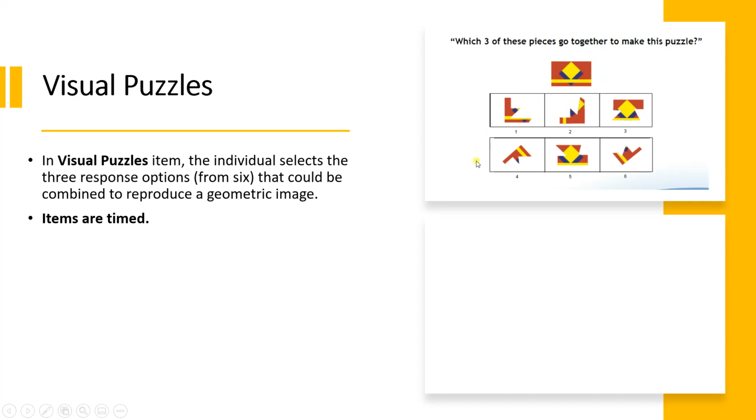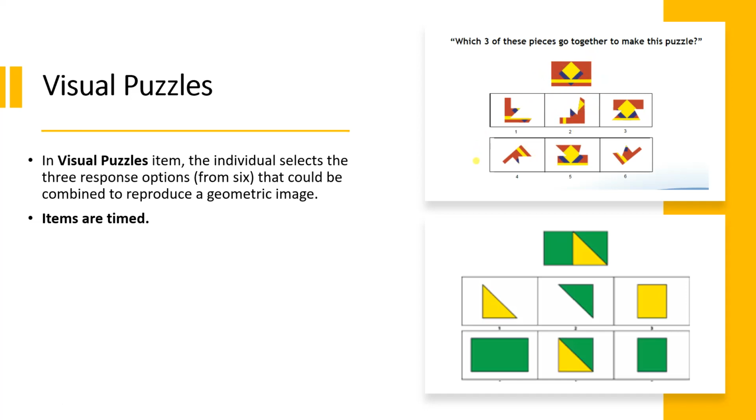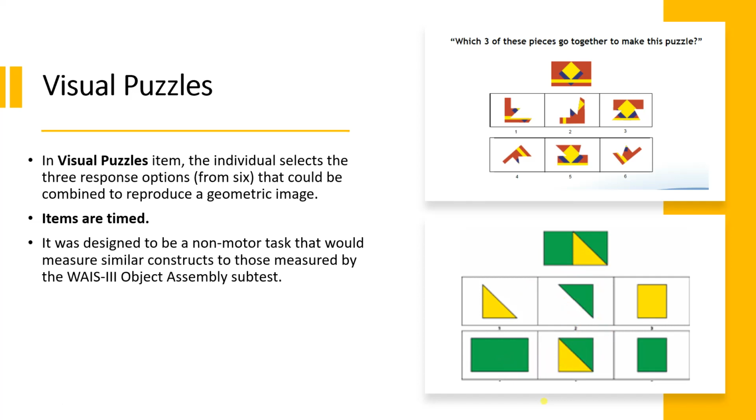But here the actual reproduction is not required. Similarly, this is a simple question. Which of the three goes together? You can easily find the answer. So the items vary in terms of difficulty. These are some examples taken from the WAIS.